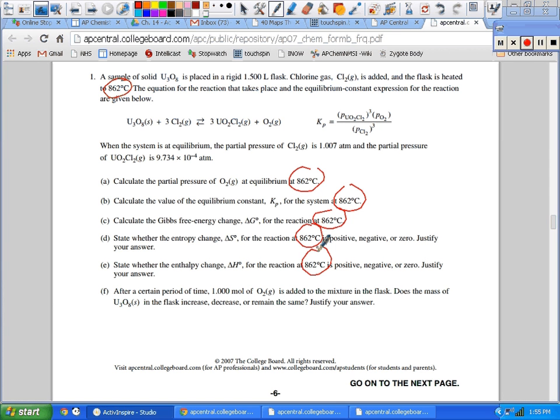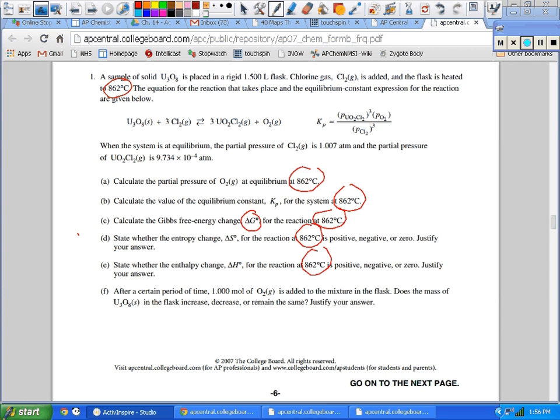You with me? Okay. Now, C, calculate Gibbs free energy change. Here's where you're going to freak. On the test, they're going to say, write your KP, and then ask what's delta G. You've got to remember there's a connection here: negative RT ln K. If they completely flip gears on you and ask for something like K or delta G or E, look on the equation sheet and see if it jogs your memory.